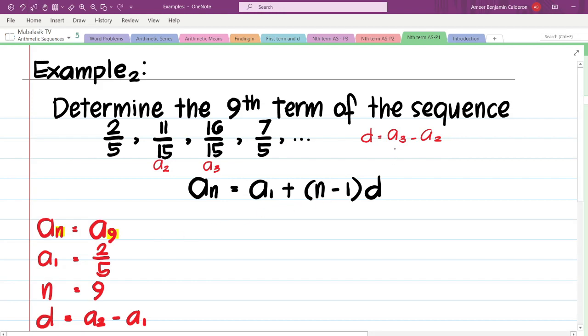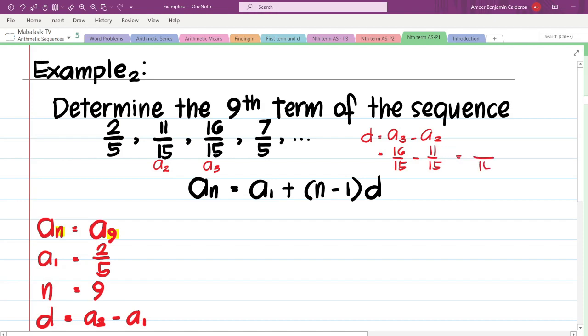Because if we do this, this is going to be 16 over 15 minus 11 over 15, which are similar fractions.